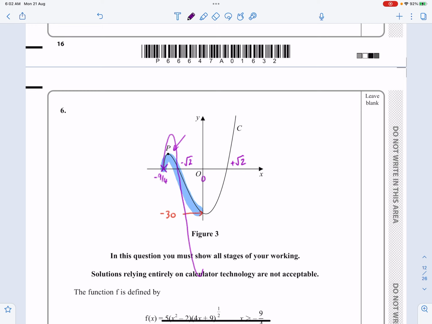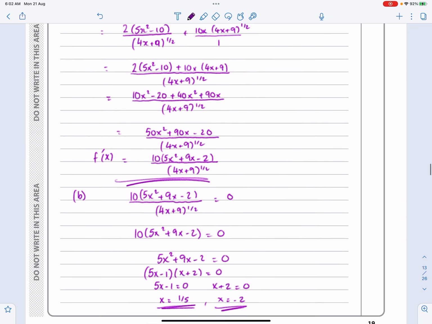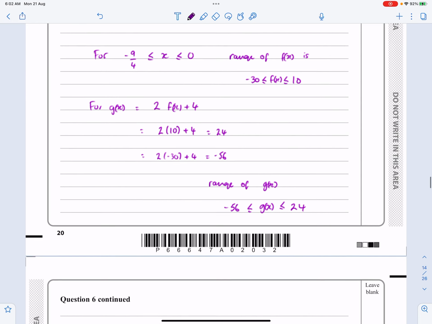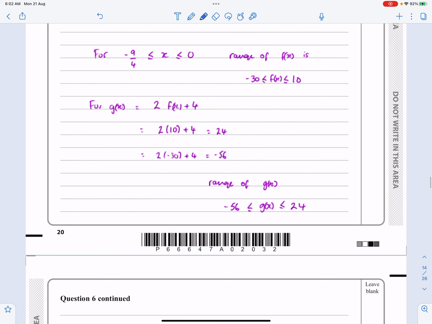But then if we add 4 onto that, the whole thing would then move up by 4 units. And when we do that, in terms of the range for this one, I can just multiply by 2 and add 4 onto this thing and this thing. Right, I hope that all makes sense to you. That's question finished.